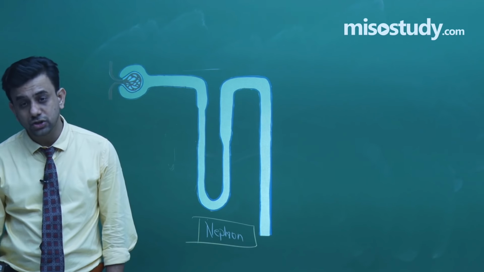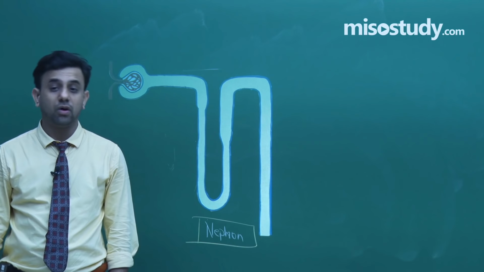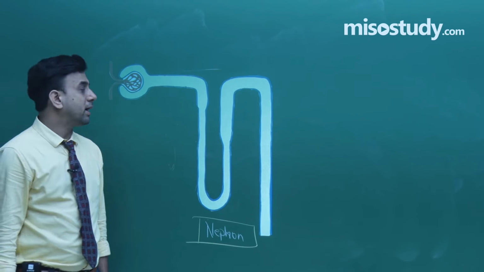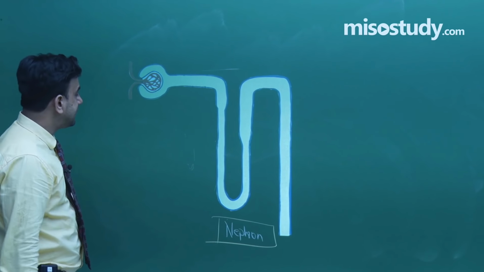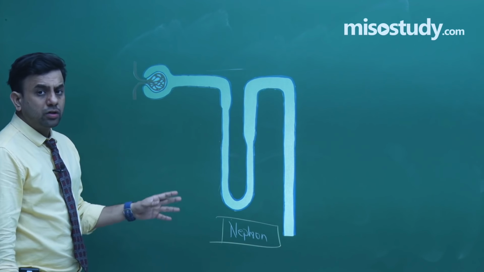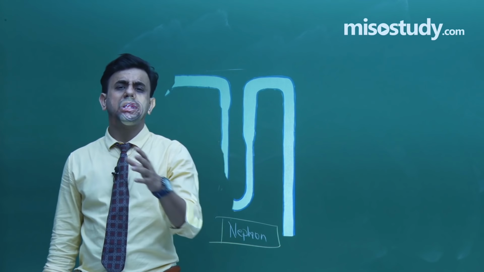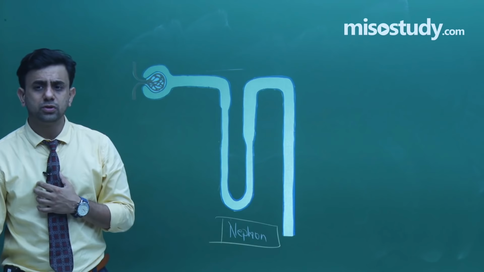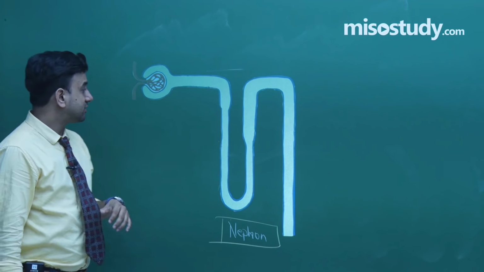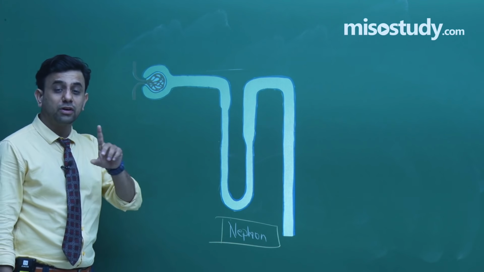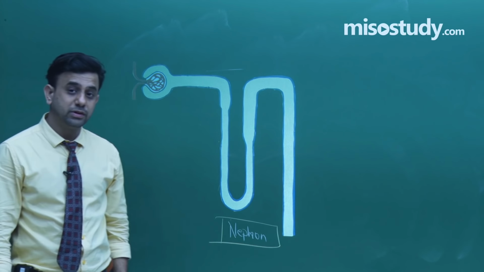It forms the structure and does the function of the kidney. The kidney diagram which I showed you consists of millions of uriniferous tubules, and this is the structure of one of those uriniferous tubules, which we will do in detail.